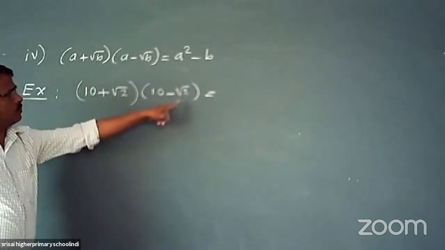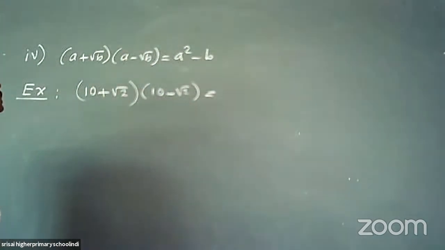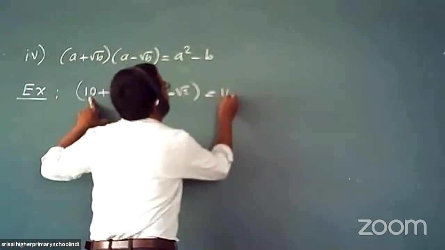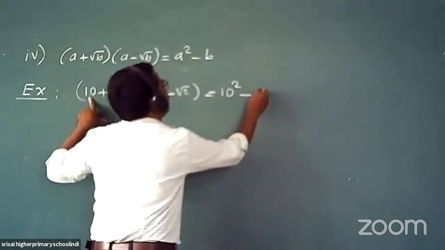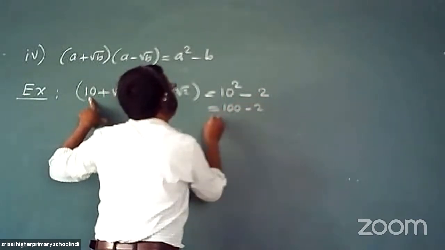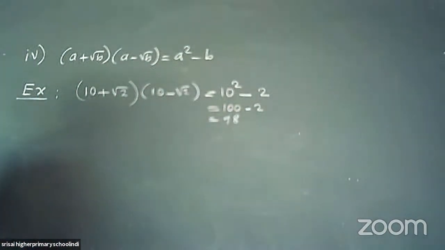Square root of B is square root of 2. So we can write directly A square minus B. A is how much? 10. So write 10 square minus B, B is 2. So 10 square is 100, 100 minus 2 is 98. 98 will come. Right.